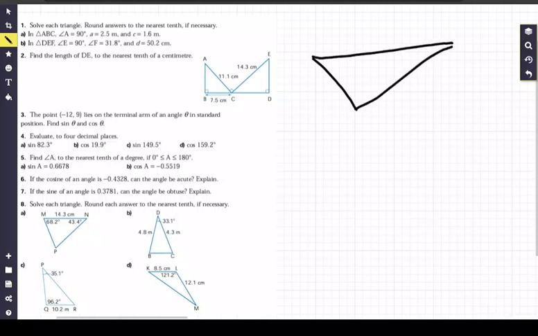So let's draw a line here. If this is 11.1 and this is 14.3 and this is a right triangle, what does that mean? Pythagorean theorem. 14.3 squared plus 11.1 squared, and then we square root that. So 18.1.